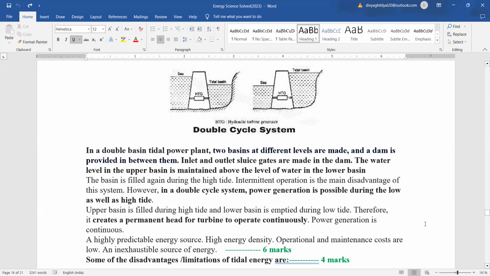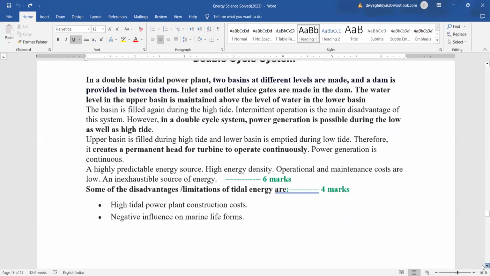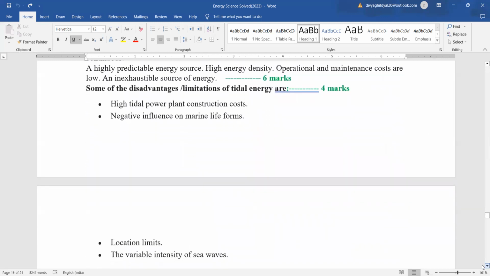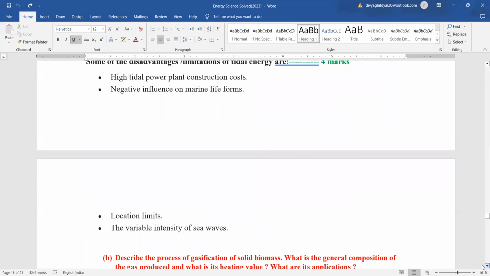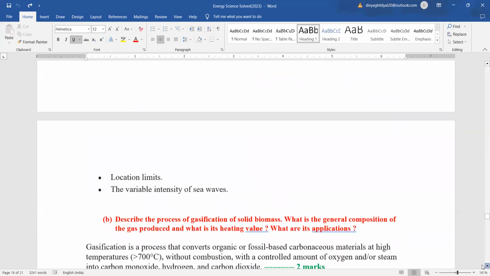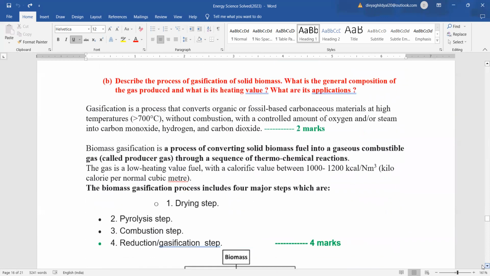In the double cycle system, power generation is possible during the low as well as high tide. Disadvantages or limitations of tidal energy: tidal power plant construction costs are very high, negative influence on marine life, location limits, and variable intensity of sea waves.